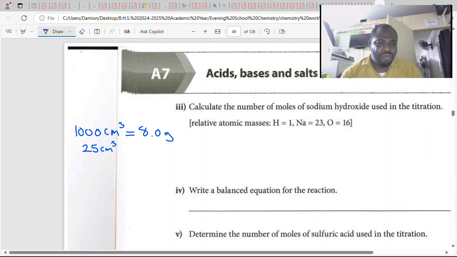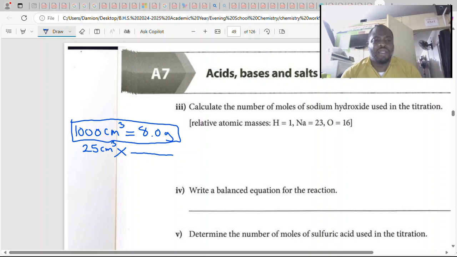And as you know, this is your conversion factor right here. And so it's 25 times, and if I have centimeter cube right there, whatever unit I have here, I put it as the denominator. Centimeter cube. And I have 8 grams. So now, this will provide me with how many grams are in the 25 centimeter cube.